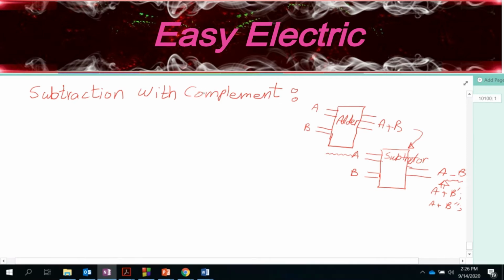Then use the subtraction with complement concept and use the adder to subtract the numbers. Okay, you will see this later, but for now I just want to give you an idea of the subtraction with complement, which is to use the adder to calculate the subtraction.